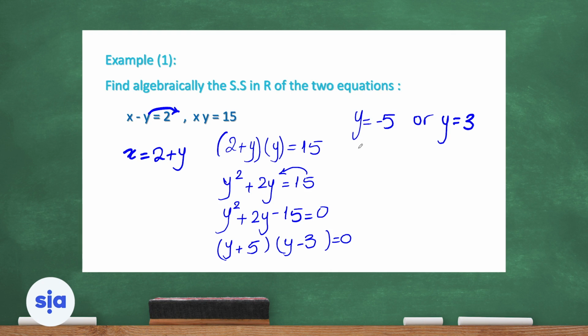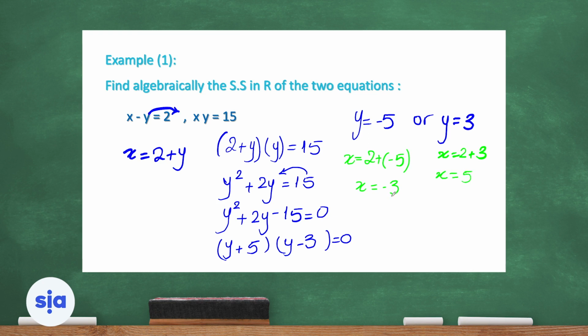After you get the value of y, you need to find the value of x for each one of these two y values. X equals 2 plus negative 5, so x equals negative 3, and here x equals 2 plus 3, x equals 5.